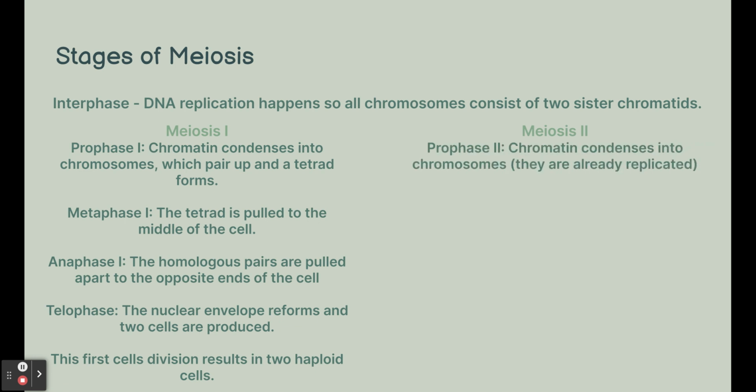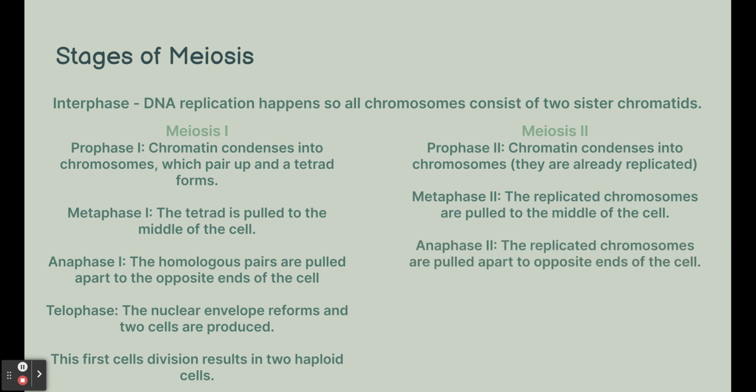And so, next, of course, is meiosis 2. Meiosis 2 starts similarly to meiosis 1. The chromatin condenses into chromosomes, and since they're already replicated, they're not homologous pairs. In metaphase 2, just like metaphase 1, the chromosomes are pulled into the middle of the cell, and anaphase 2 is another very important phase in meiosis because the replicated chromosomes at this point are pulled apart to opposite ends of the cell.